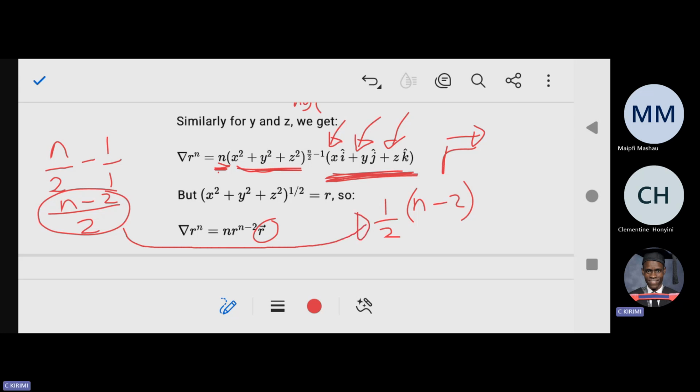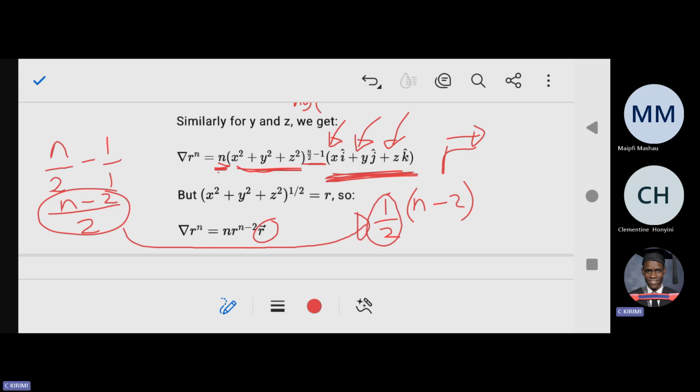Where is the half coming from? How did this half disappear? I was here on the exponent.